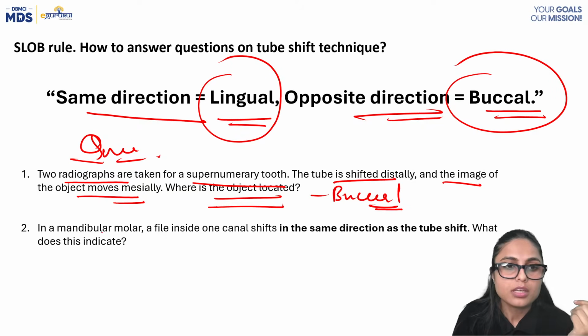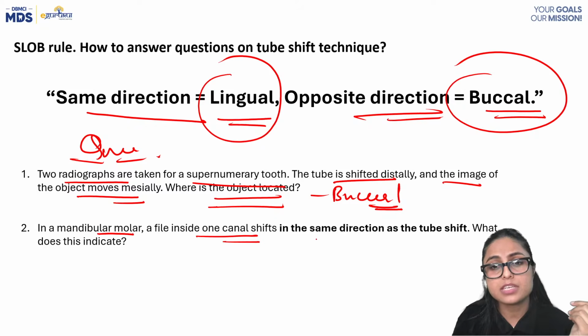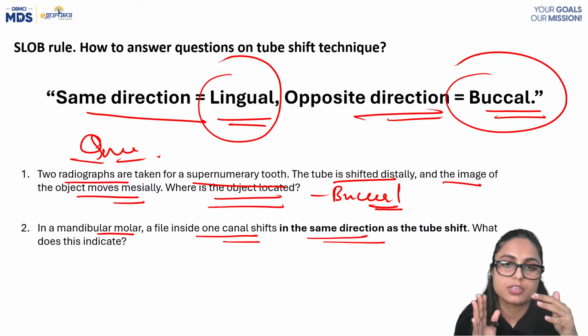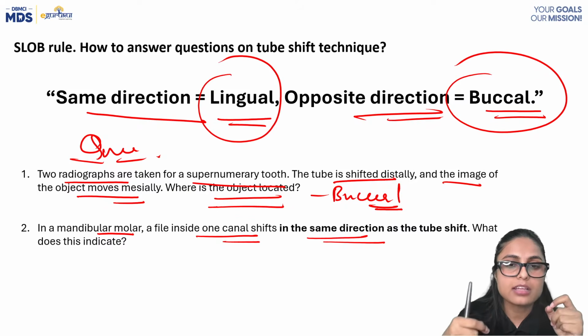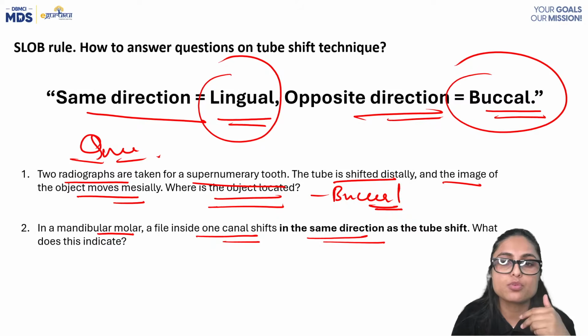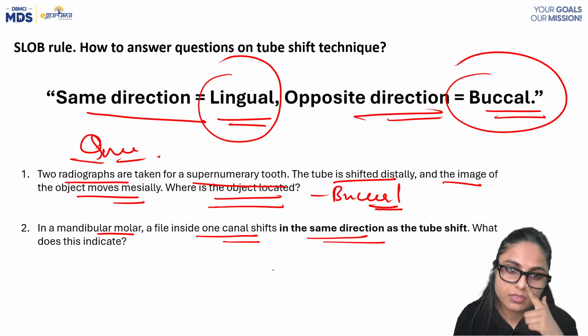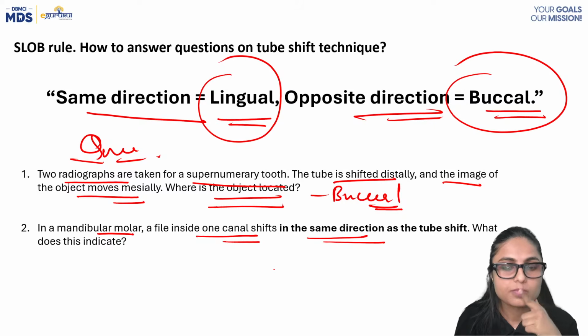Correct. Very good. Now, second: in a mandibular molar, the file inside one canal shifts in the same direction as the tube shift. What does this indicate? Which canal is that?